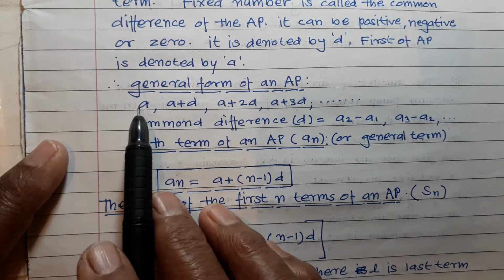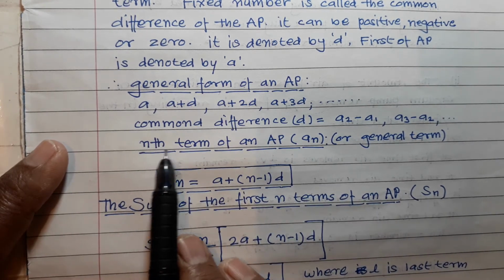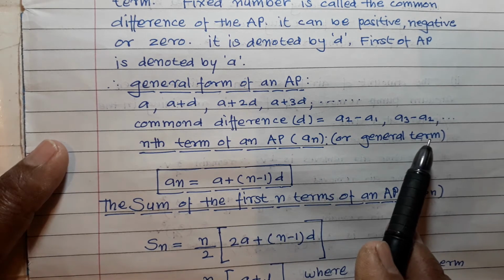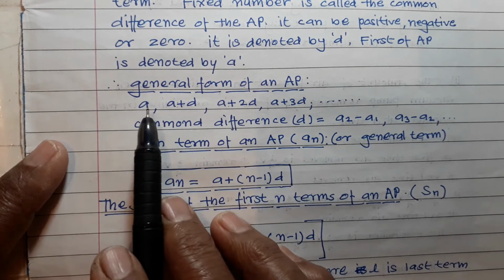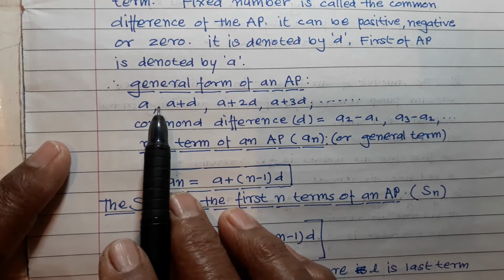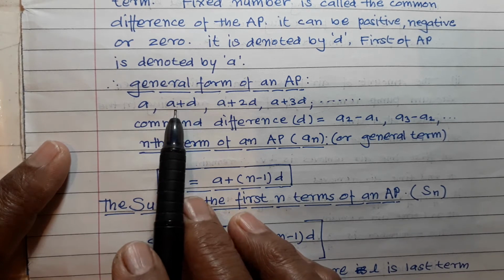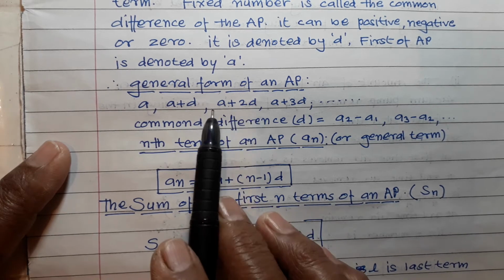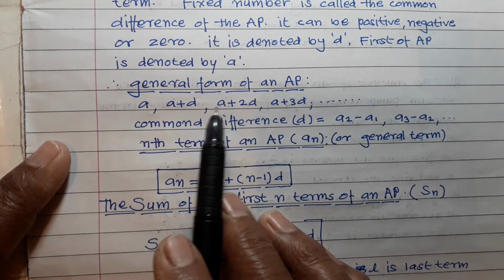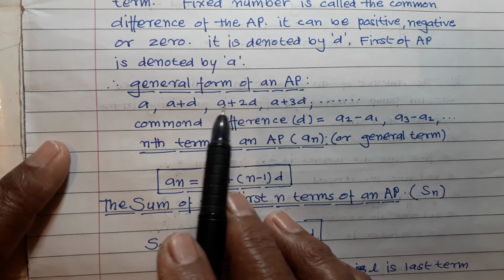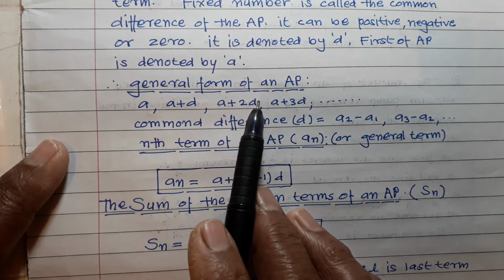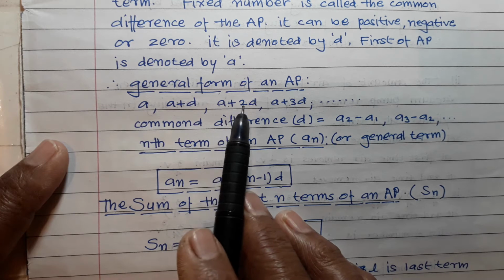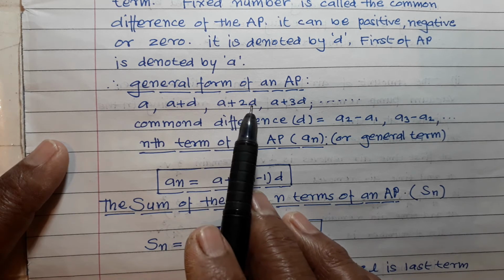And by means of observation you can find the nth term of an AP, an, or the general term. So for the nth term: first term A plus 0D, second term A plus 1D, third term A plus 2D, and therefore the nth term is equal to A plus n minus 1 into D. For the third term, 3 minus 1 is equal to 2.